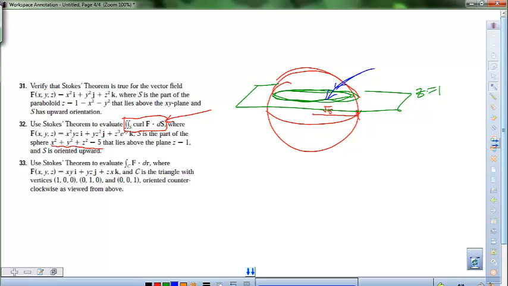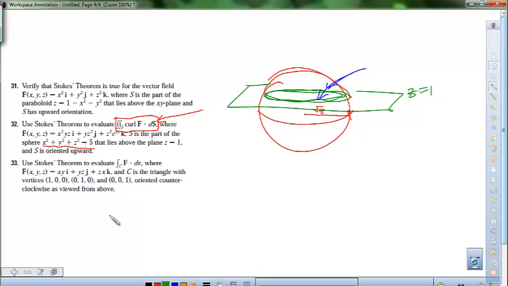So let's see how to approach this one. We have a line integral, and they give us the vector field, and the triangle has vertices at 1, 0, 0, 0, 1, 0, and 0, 0, 1. So here's your triangle. I think this has an orientation that looks like this.